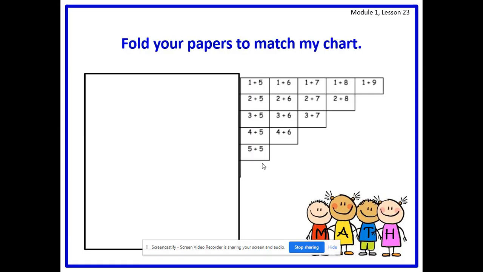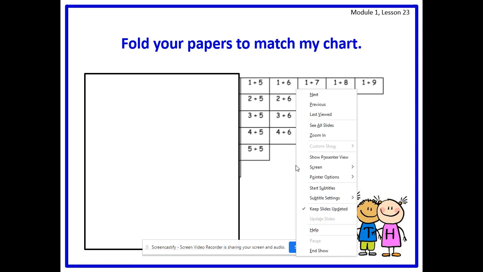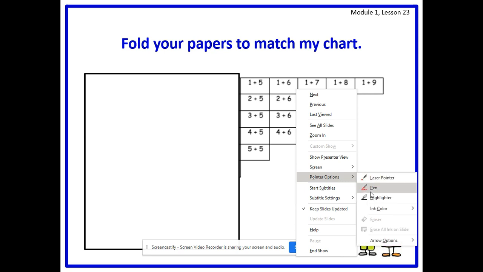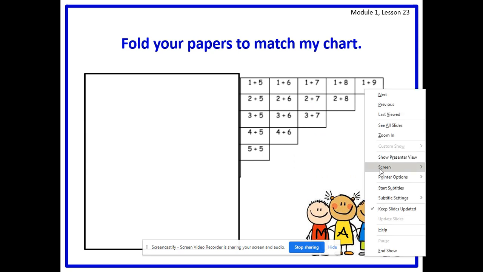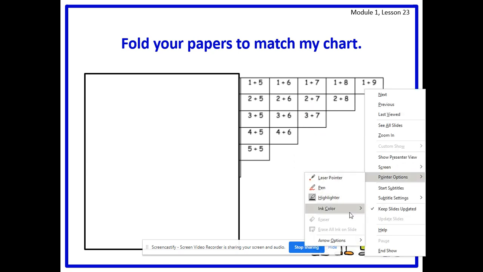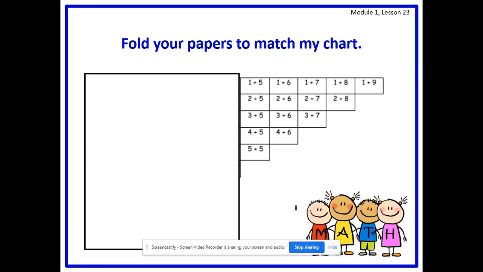Fold your papers to match my chart. So you have your chart from page 147. Make sure you fold it so that only the problems that I'm showing show on your paper. Let me get my highlighter ready. Again, make sure you fold it so that the problems that are on my paper are showing, just like this.